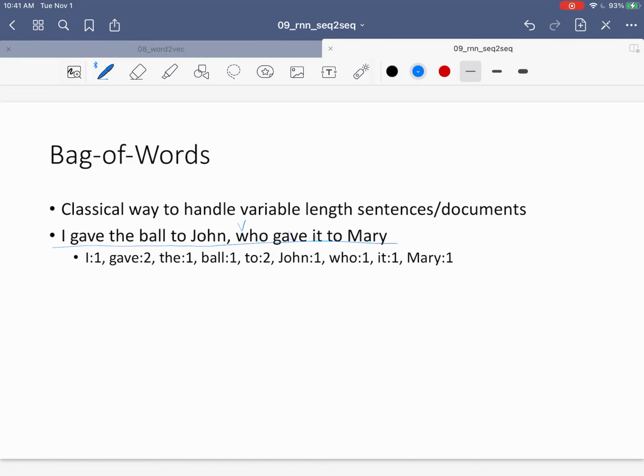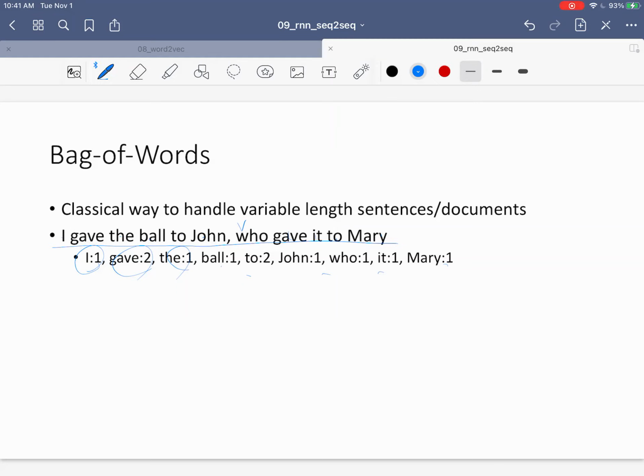So the way that you can handle variable length sentences or documents is to, as shown before, count the number of times each unique word, or each unique vocabulary item, occurs in this sentence. So it's like I 1 time, gave 2 times, the 1 time, and so on. If you think about the number of unique words in the English dictionary, that is your entire space.